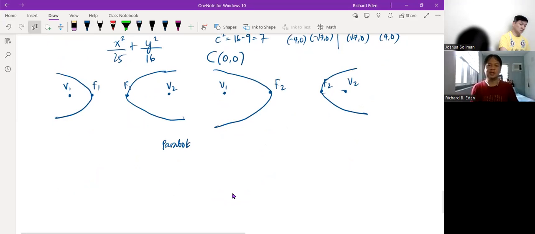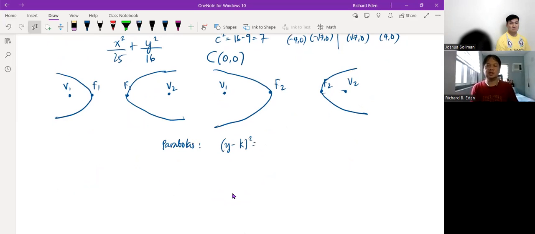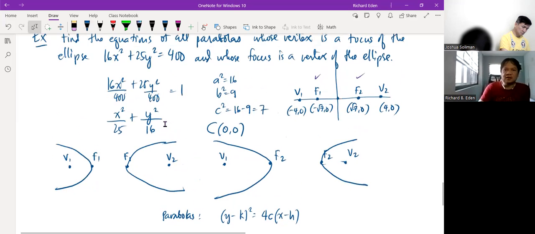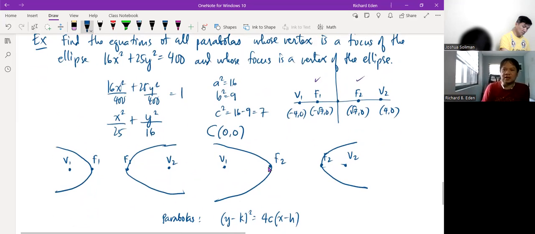For our parabolas, it's going to be (y − k)² = 4c(x − h). Of course, the c here is different from the c above.